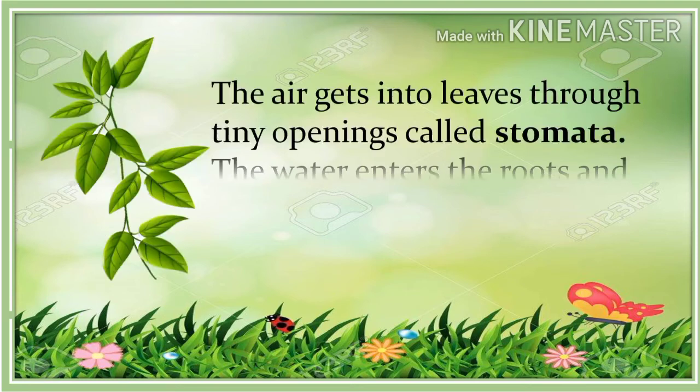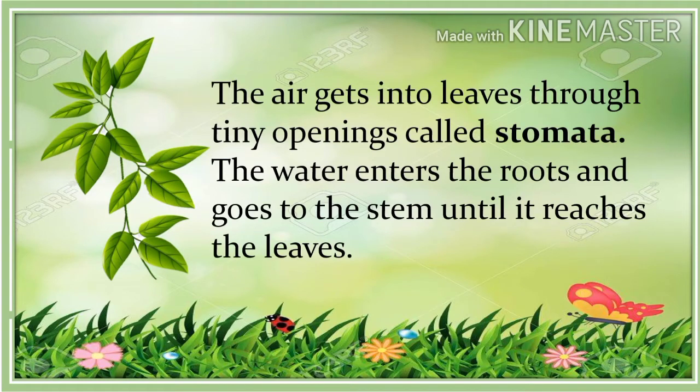The air gets into leaves through tiny openings called stomata. The water enters the roots and goes to the stem until it reaches the leaves. The sunlight that shines on the leaves provides the energy that changes air and water into food.